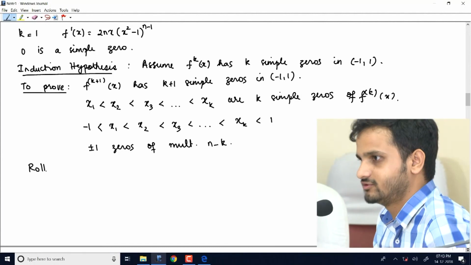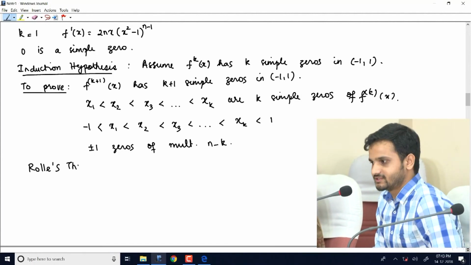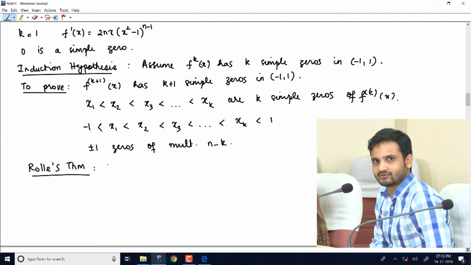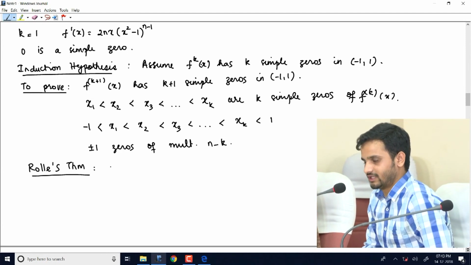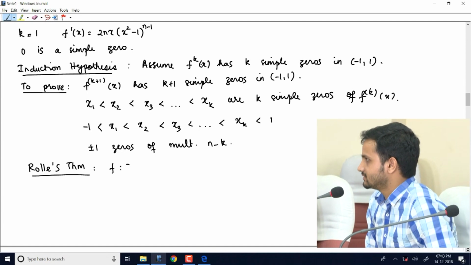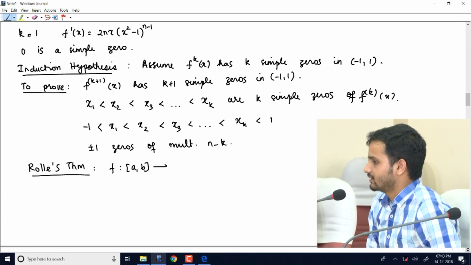We have Rolle's theorem, which states that if we have a function from [a, b] to R which is continuous on [a, b] and differentiable in the open interval (a, b), such that it takes the same value at the endpoints, then its derivative will have a zero in the open interval (a, b). Correct.